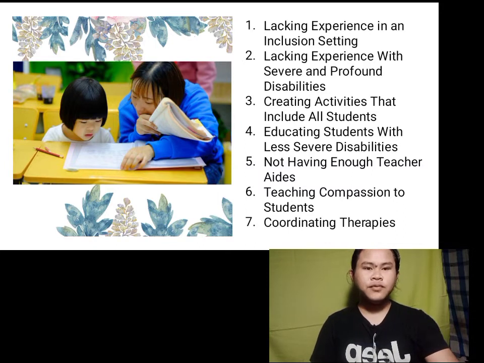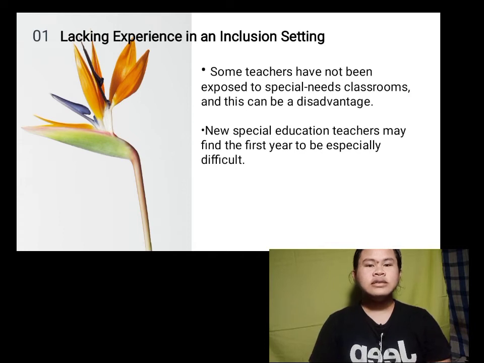So let's proceed to number one. Number one is lacking experience in an inclusion setting. Some teachers have not been exposed to special needs classrooms and this can be a disadvantage. A new special education teacher may find the first year to be especially difficult.